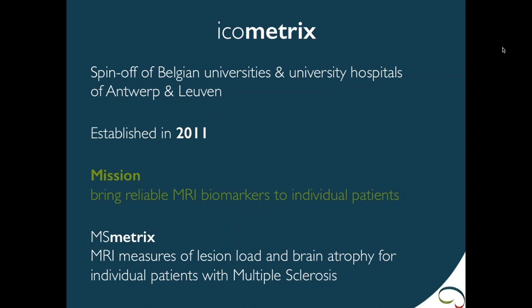Along the way, we developed what we call MSmetrix, which are our MRI measurements specifically for patients with multiple sclerosis, which contain lesion load and brain atrophy for these individual patients.